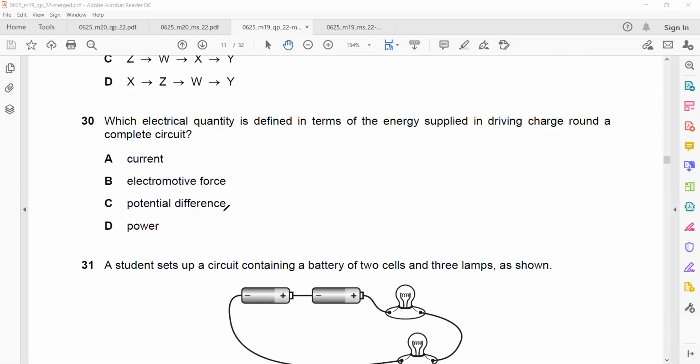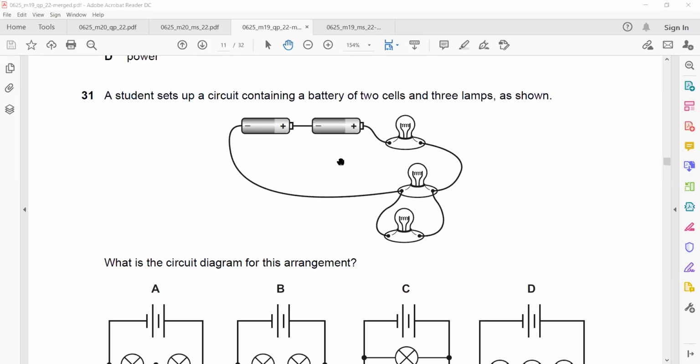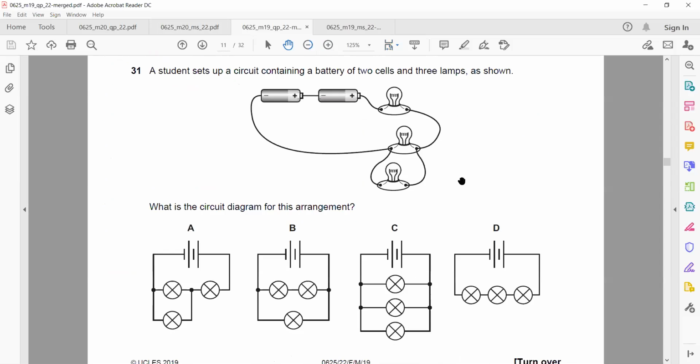Potential difference is how much work is done by the charge, or how much energy is transferred by the charge. Both have units of volts, but the difference is that EMF is how the charge gets energy from the battery, and potential difference is how much energy the charge transfers when passing through a circuit.